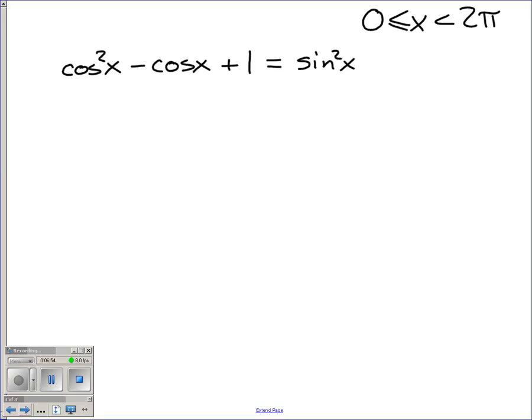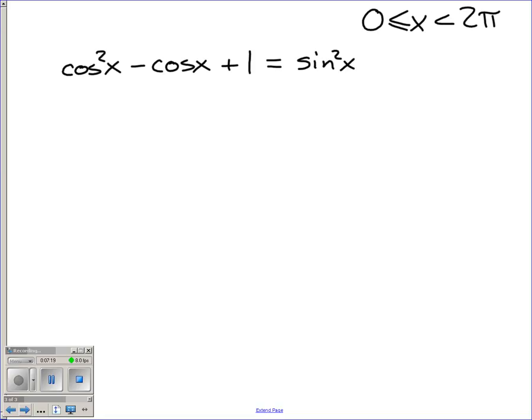The very first thing that we don't like about this is, well, it's got cosines and sines in the same problem. If you think of this as variables, we can only solve an equation if it has one variable. We've got two variables here. We've got cosine of x and we've got sine of x.